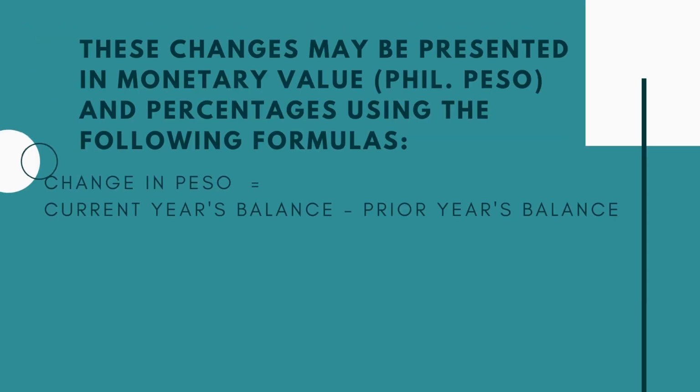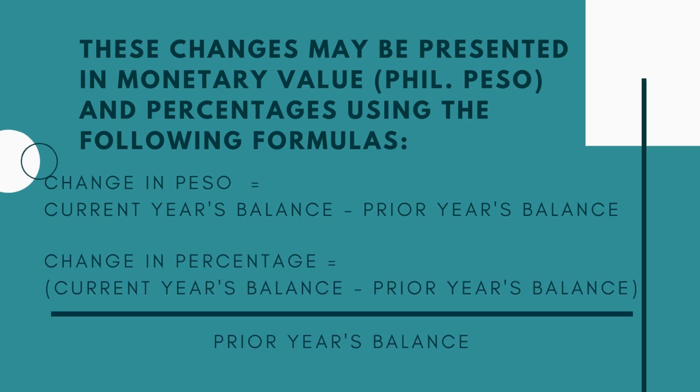The formula to get the change in peso is current year balance minus prior year balance. And the formula to get the change in percentage is current year's balance minus prior year balance divided by prior year's balance.